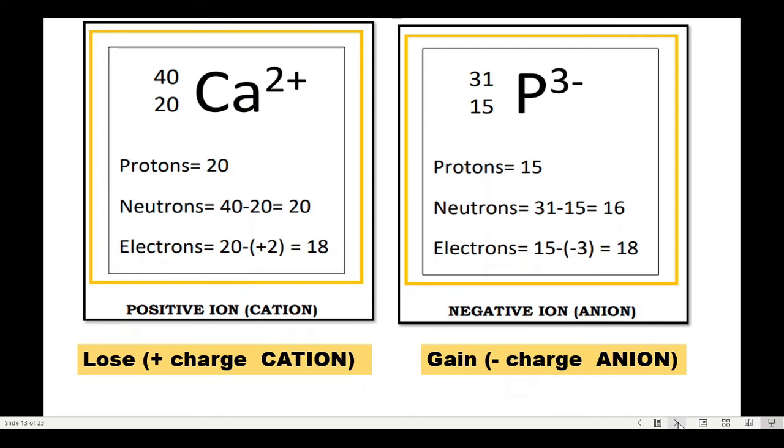Bakit naging plus? Kasi ang anion ay nag-gain ng electron. So, nag-gain ka, ibig sabihin, nanguha ka ng 3. So, yung 15 mo, dagdagan mo ng 3, 18. Therefore, ang phosphorus ay may ion na -3 kasi nanguha siya ng 3.